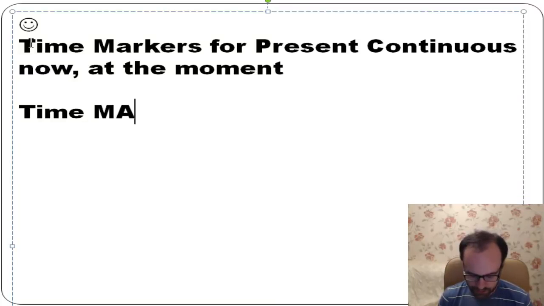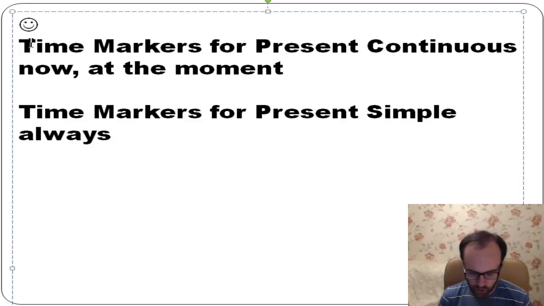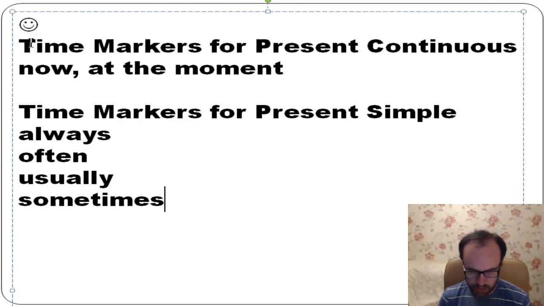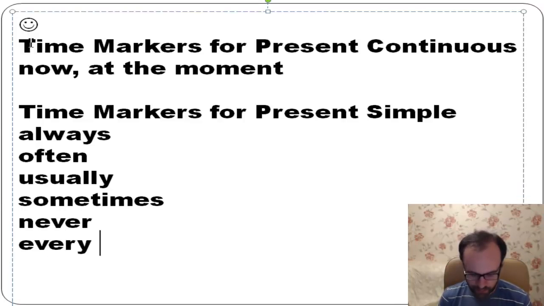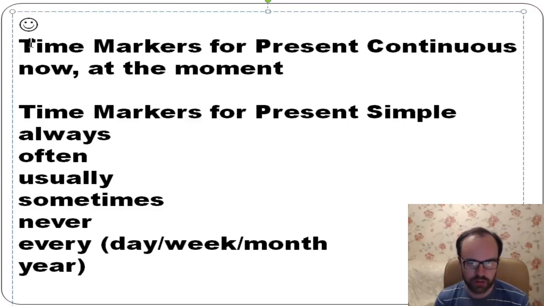And time markers for present simple: always, often, usually, sometimes, never, every. For example, every day, every week, every month, every year, and so on.